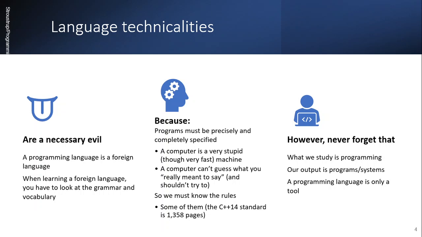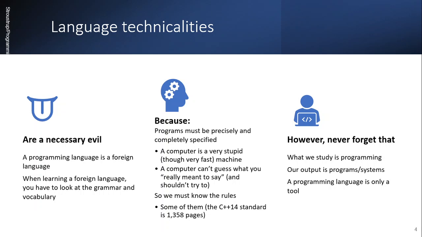They are very dumb machines, and they are very fast machines. That is their quality, but they are very stupid. So you need to clearly tell the computer what it needs to do. You cannot let a computer guess for you. You should specify whatever you need the computer to do in a very clear way.